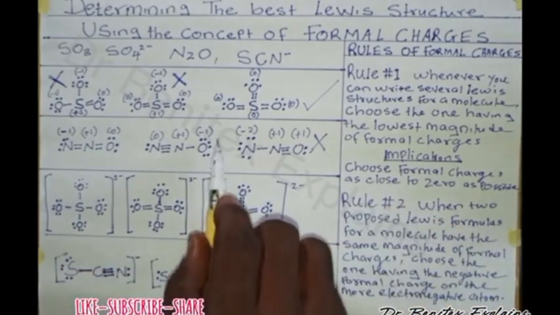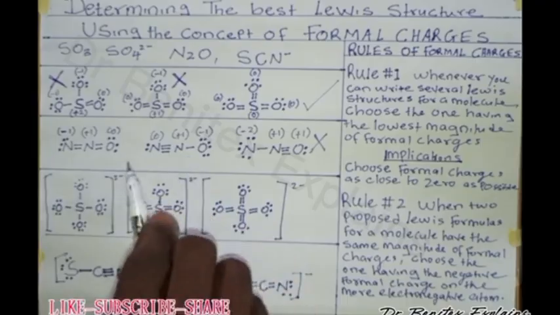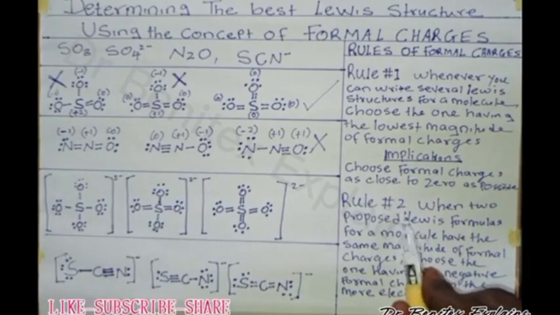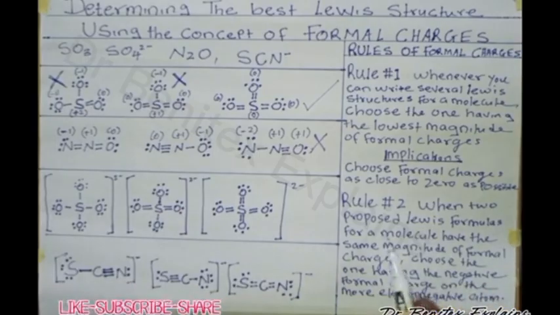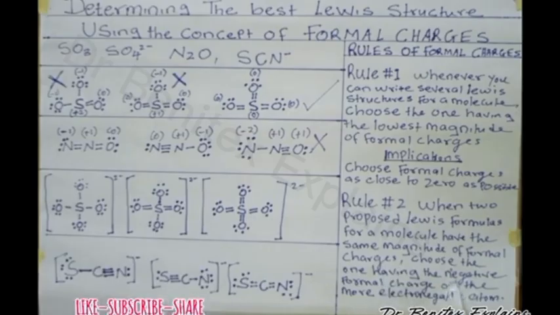How do we now decide which of these structures is correct? We are going to consider rule number 2, which says when two proposed Lewis formulas for a molecule have the same magnitude of formal charges, choose the one having the negative formal charge on the more electronegative atom. So now we have to ask ourselves a question.